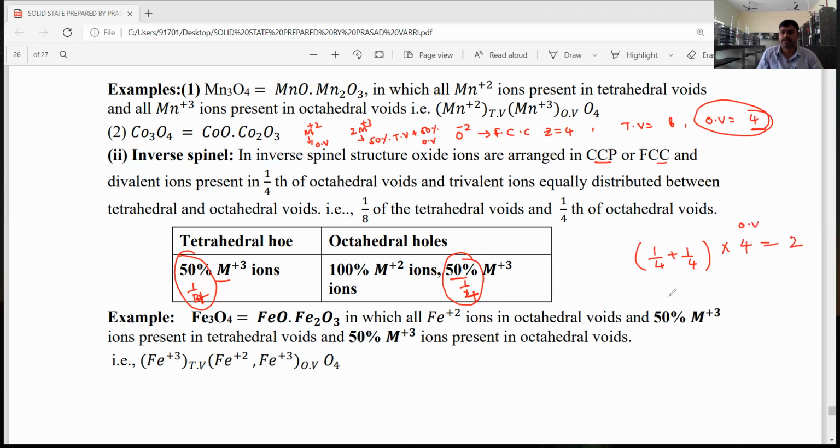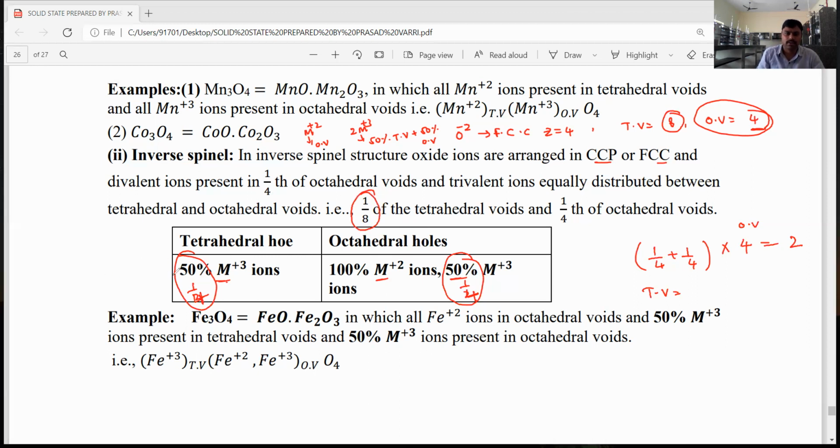In the same way, tetrahedral voids, how many are present? 8 are present. Out of that 8, M+2 ions are all present in octahedral voids only. The remaining 50% means only 1 is present of M+3 in tetrahedral voids. So the tetrahedral voids occupied percentage is 1/8 part.